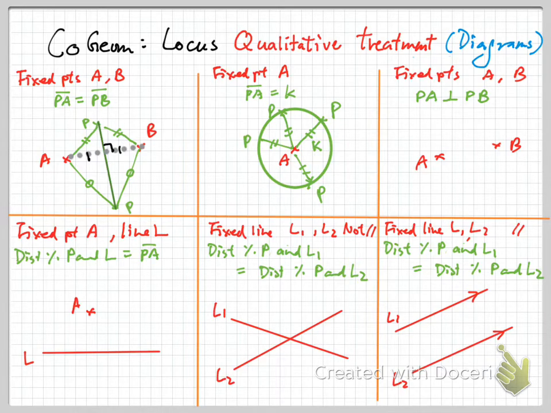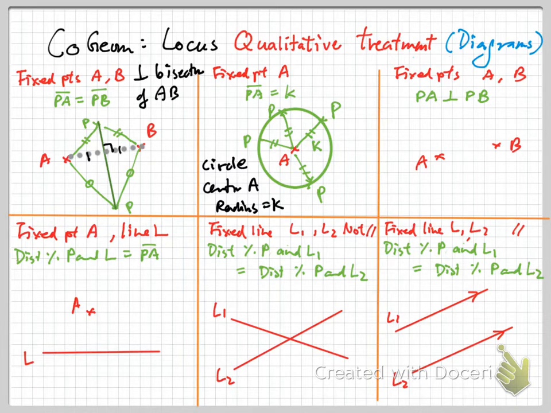So it will be a circle with center at A, radius k. In the previous example, the locus of P is the perpendicular bisector of AB. Now you have to know how to describe the locus in a way like this.